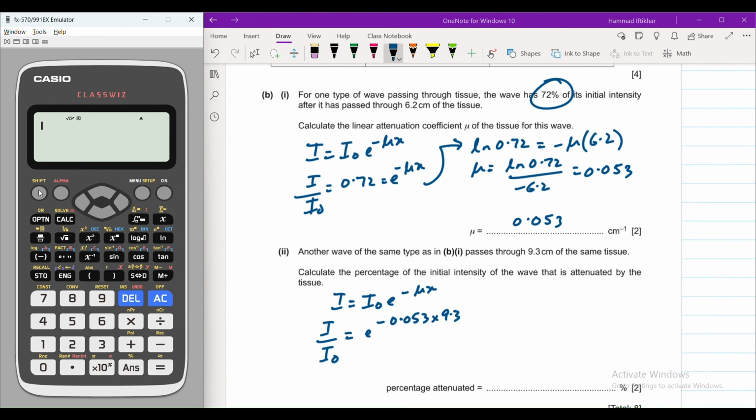So e raised to power minus answer times 9.3, that is 0.61. So this translates into 61%.